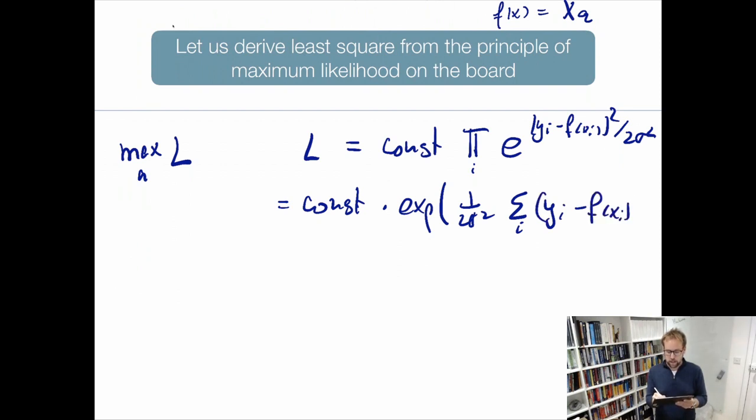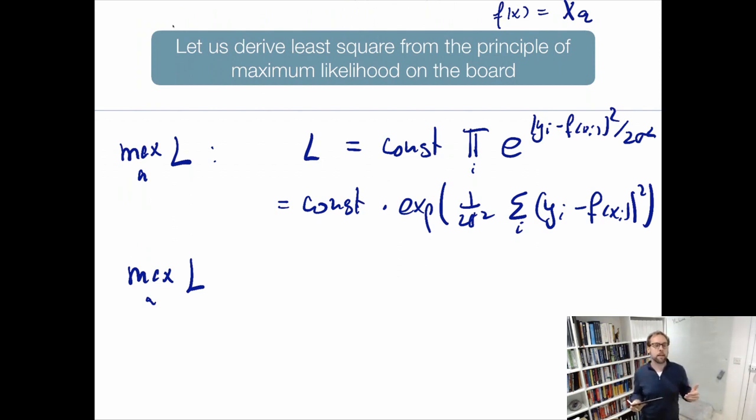Now you can already see the term from the least squares emerging, and now what I basically know is that maximizing L is effectively the same as maximizing the log of the likelihood. I mean, the maximum value will obviously be different, but if I'm asking about the argmax, what is the value of a that maximizes L? It's the same value of a that maximizes the logarithm.